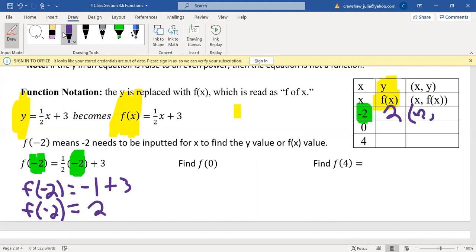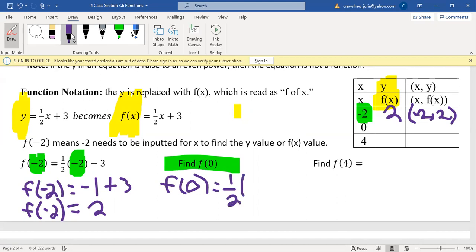It's just another way of writing the domain and the range together. So if I'm wanting to find f of 0, that means I need to plug in 0 for my x. So I'm going to write 1/2. In place of my x, I'm going to put my 0.